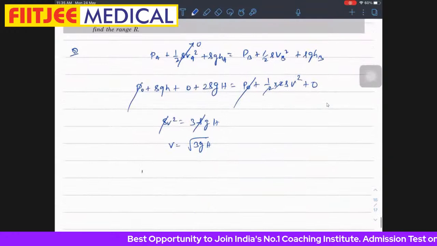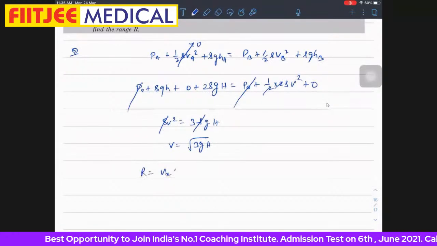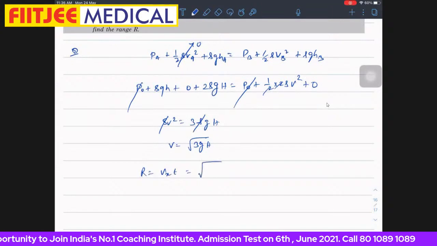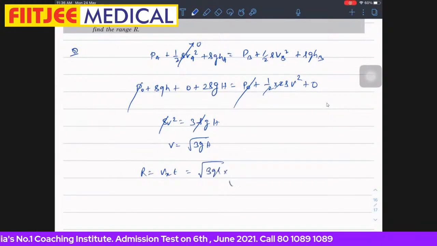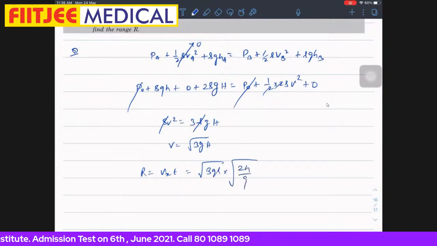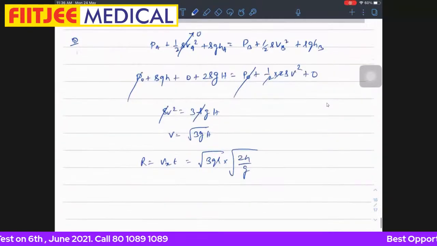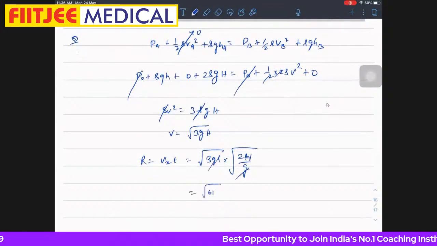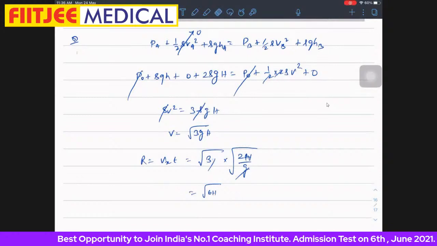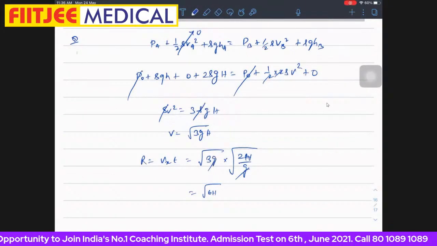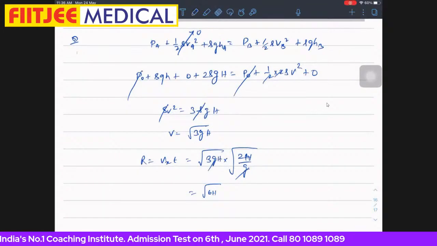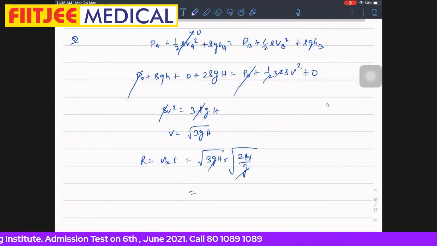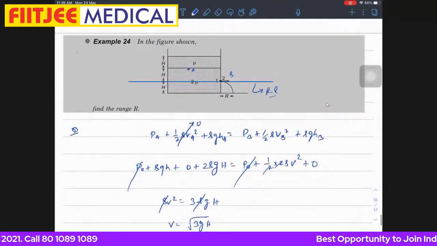So range will be equal to velocity in x direction into time. Velocity in x direction, how much I got? Root under 3gh. And time will be given by root under 2h by g, height is h. So this will become how much? Root 6h. Not root under 6h, h will be outside. So this will be equal to h root 6. So this is how we are going to use Bernoulli's equation.